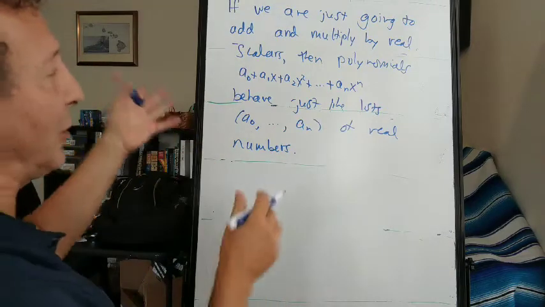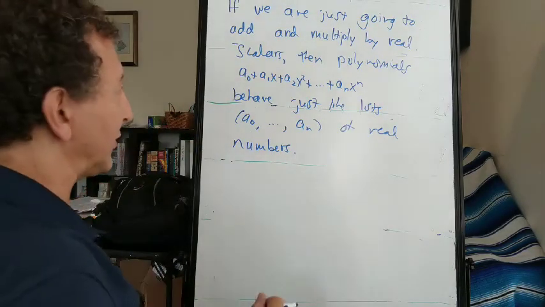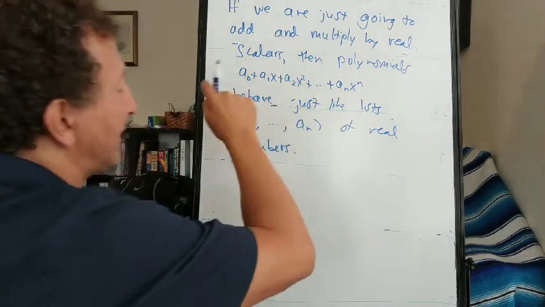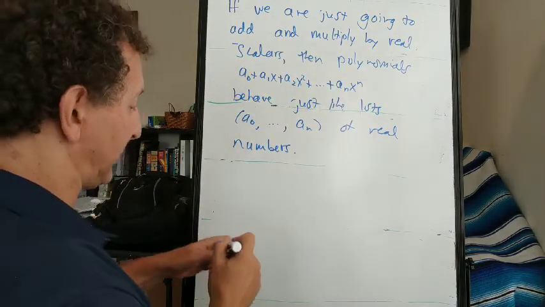All we're doing is adding coefficients and keeping the x's as placeholders. And if we multiply by a scalar, we're multiplying that scalar by all the coefficients, and again, the x's are just placeholders.